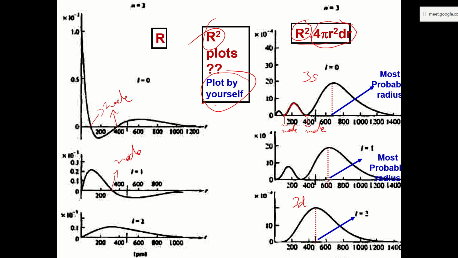So this kind of thing we call it as subnodal maxima. दो नोड के बीच में subnodal maxima.